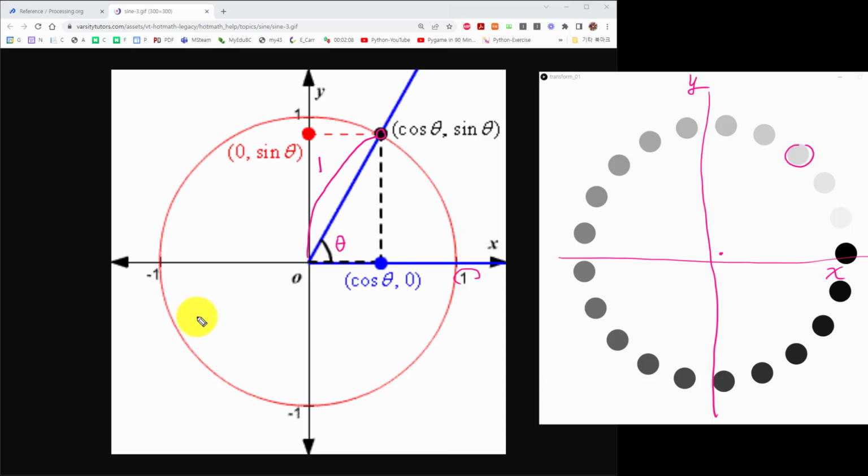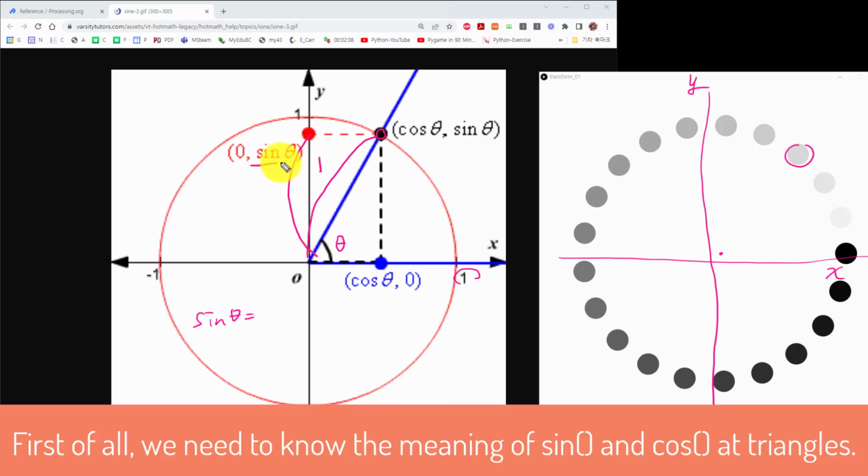So what is sine theta? Let's look at this triangle. This angle should be theta.